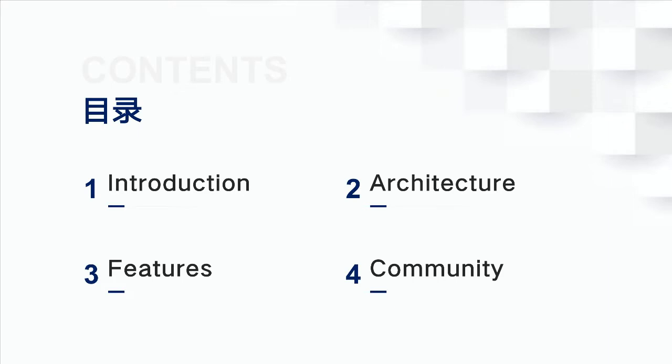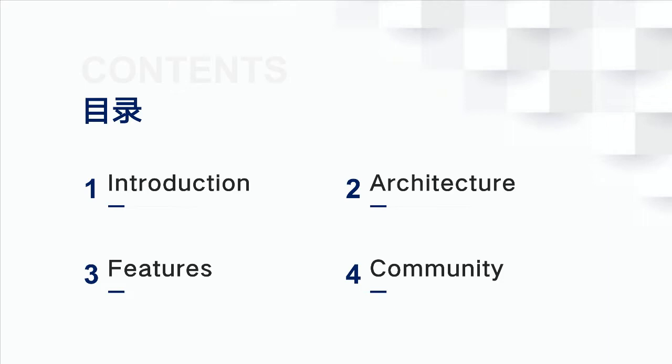Okay, today's topic is divided into 4 parts. In the first part, I will briefly introduce the Apache ShardingSphere project. Secondly, I will introduce the architecture of Apache ShardingSphere and the usage scenarios.